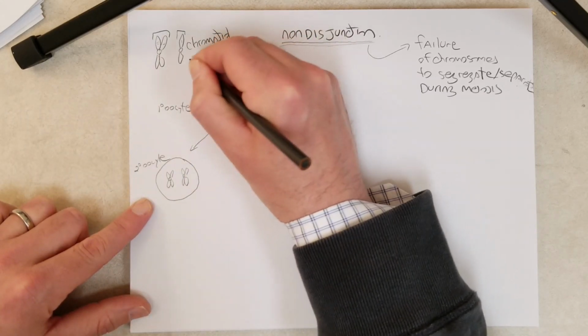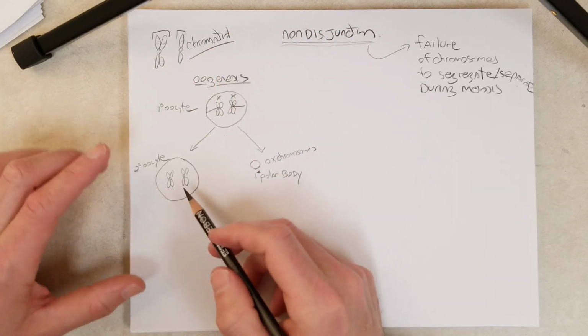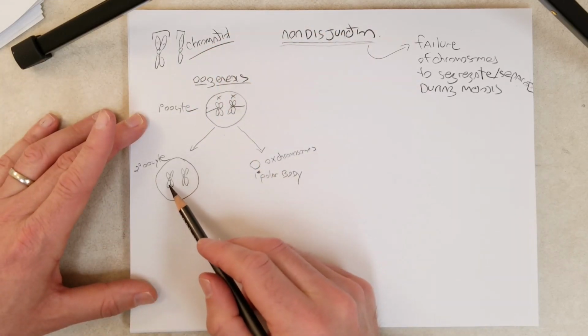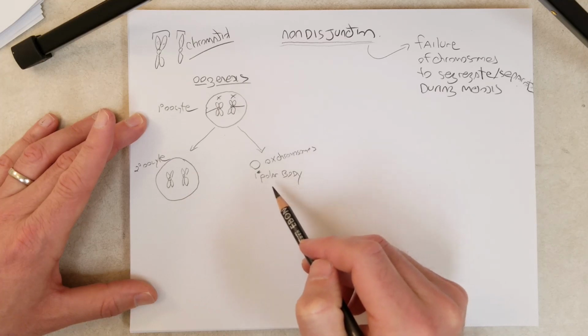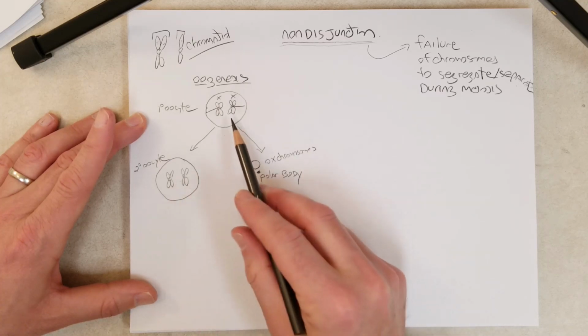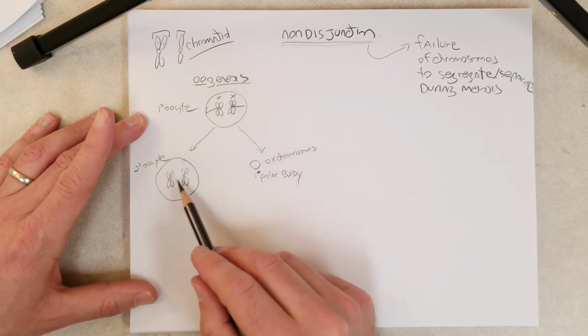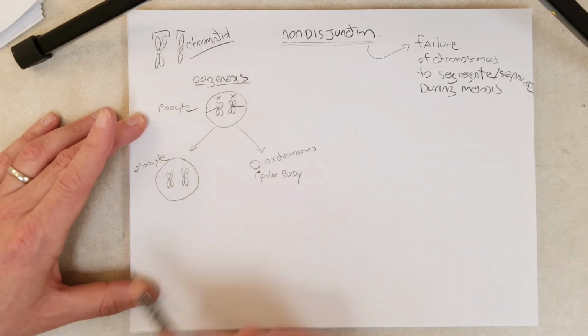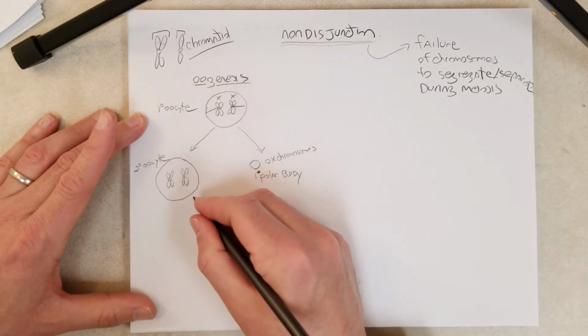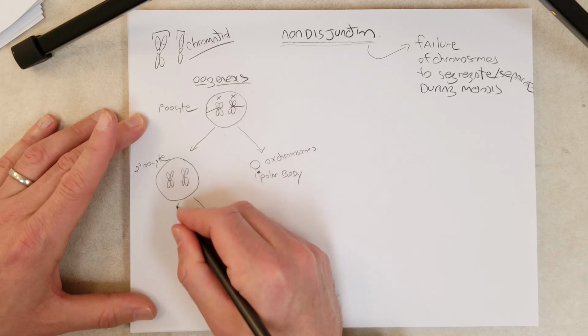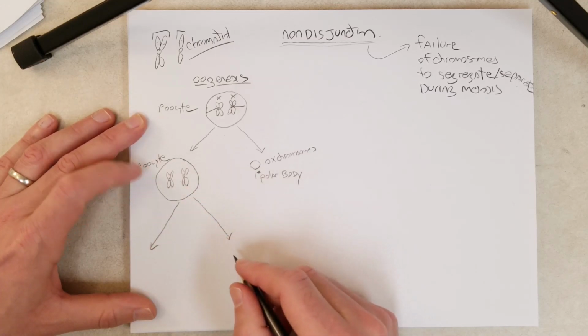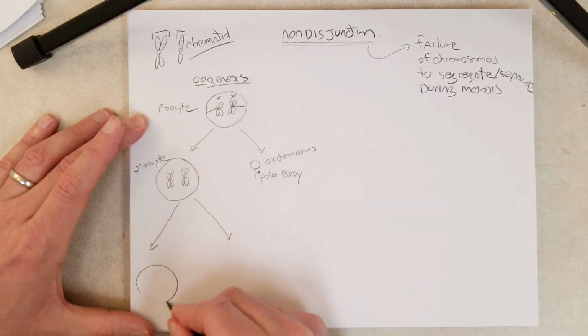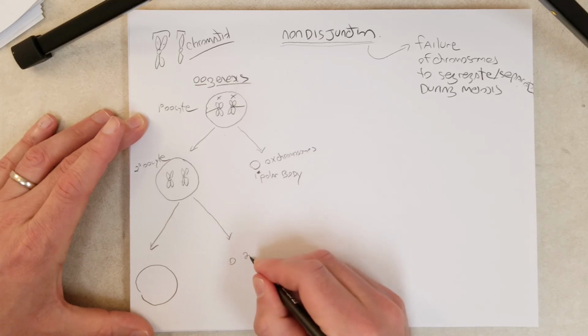So we have non-disjunction occurring, and we have too many X chromosomes over here, or at least more than normal. Now, this has got to go through another meiotic division. And let's say we have the second polar body here.